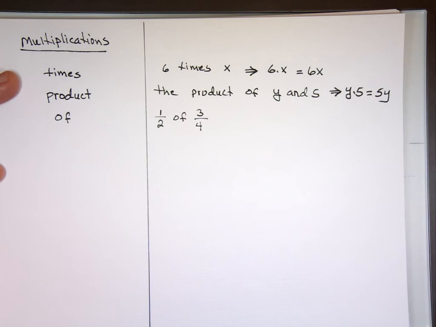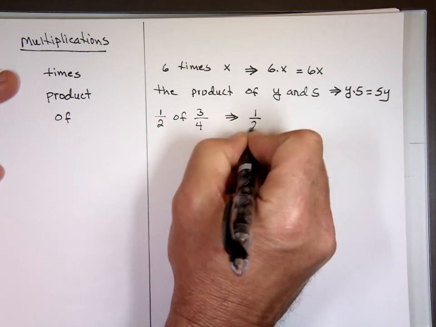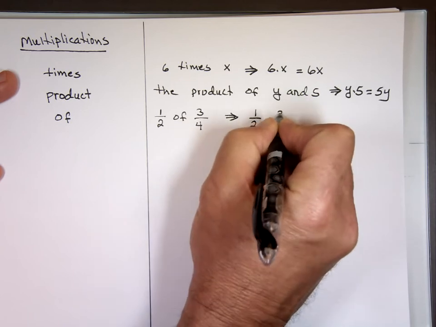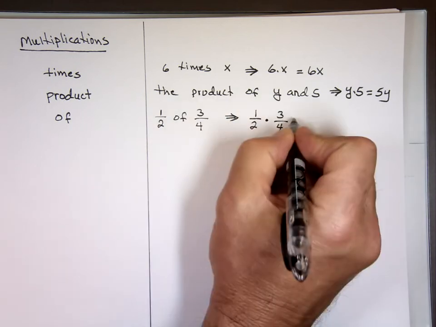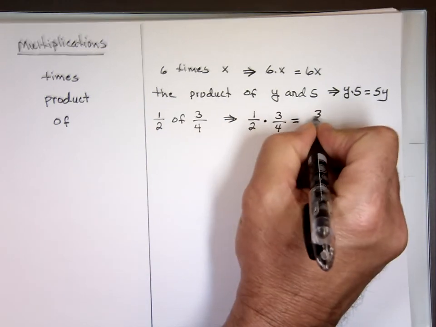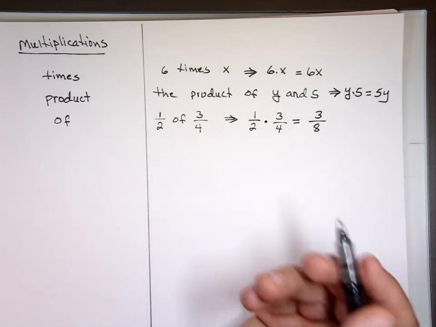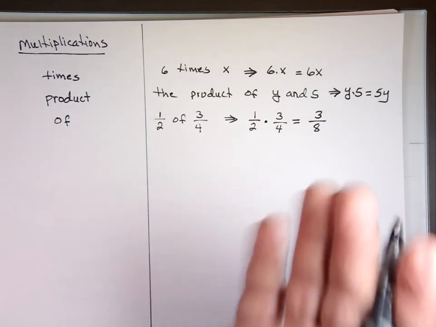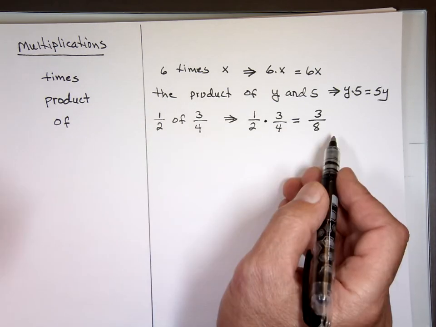Of means multiply, so it's 1/2 times 3 over 4. When you simplify that, it's 1 times 3, 3 over 8. Well, this is not an algebraic expression, because an algebraic expression is supposed to have x's in it. But of means multiply.